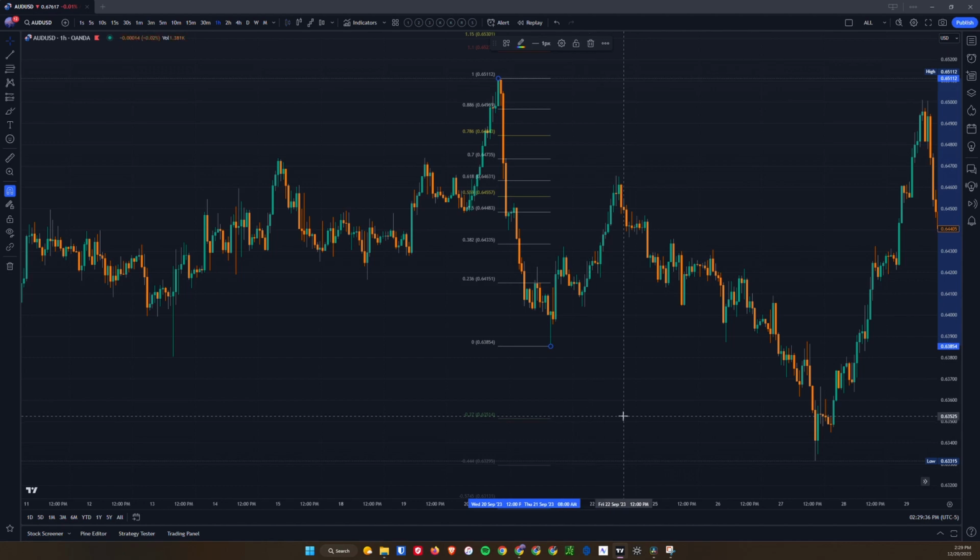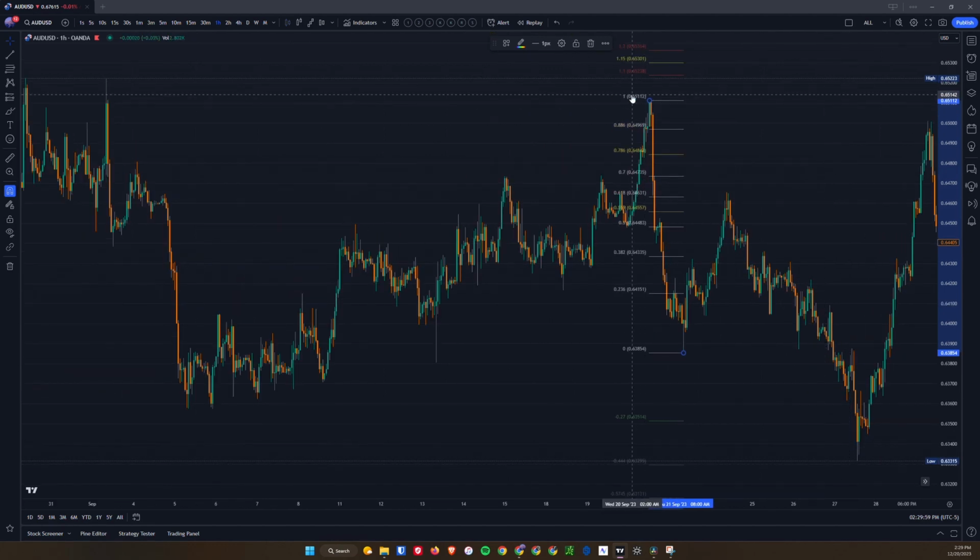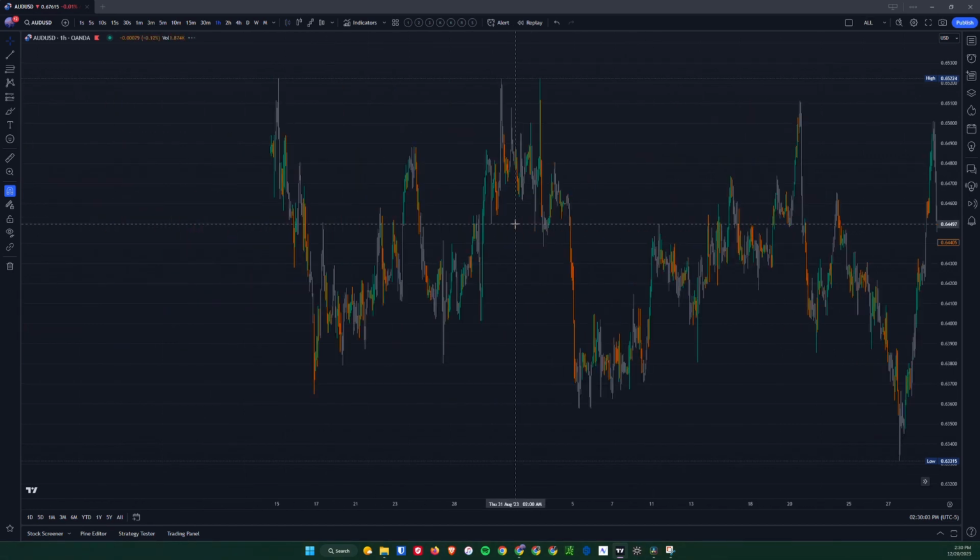So maybe what I would have done is put partial profit here and then partial profit here, and then if I saw this retracement, this big candle, I would have gotten out right as it went back up, and then I would have been good. Or if you like to just forget about it, you could just do negative 0.27, but look how closely, almost exactly hits this level, and that's what I'm talking about when I use these Fibonacci levels. So that's an example for a sell-off or a downtrend.